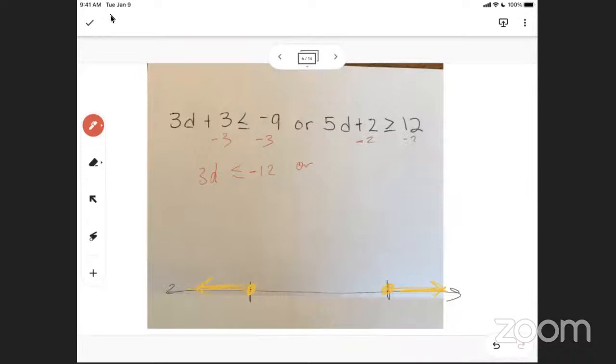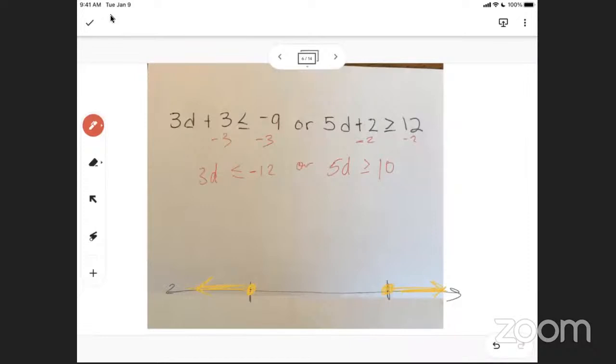And what do I get? 5d is greater than or equal to 14. Careful. Negative 14? Nope. Try it again. What's 12 minus 2? 10. Good. So be careful with that. Don't make those silly mistakes. Make sure you're doing the right addition and subtraction.